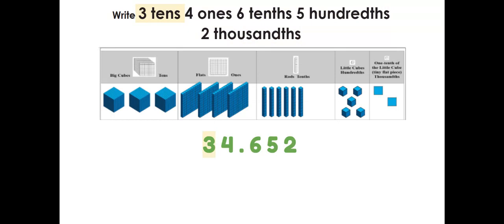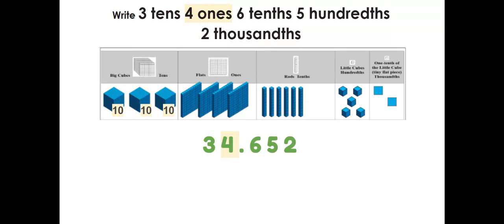Right now we have 3 tens, but what if I did not want to use tens in my unit form, or I could not use tens, I could only say ones? Then I would have to look at, we also have 4 ones here, but hiding inside those 3 tens, are there also some ones hiding in there? There are.